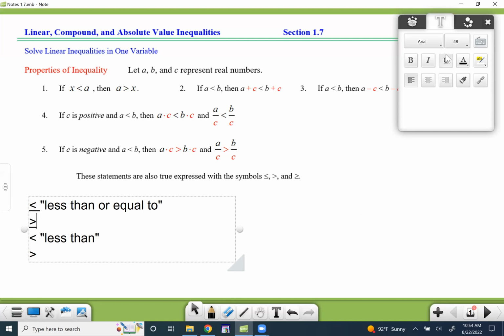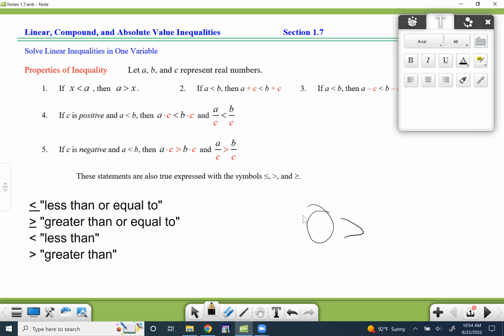And this one at the bottom will just be greater than. Similarly, your right hand makes a greater than sign. If it's pointing this way, then this number must be the greater number, because the alligator always eats the bigger number.